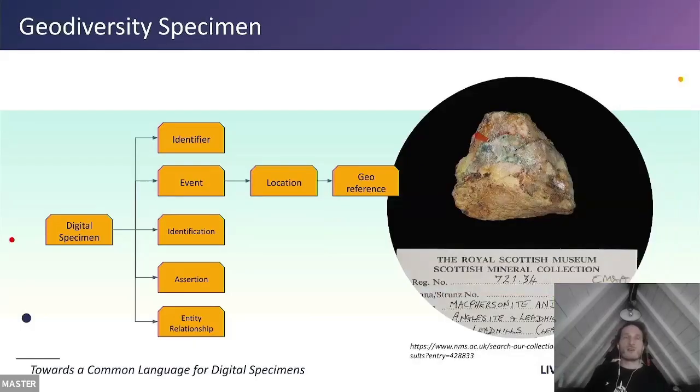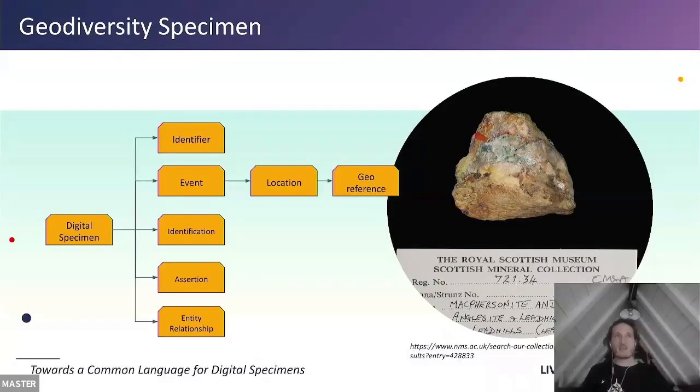So for a geodiversity specimen, I have here one specimen from the Royal Scottish Museum, and this is actually a quartz with multiple minerals on top of it. But those minerals didn't get their own registration number. Only the specimen itself got one registration number. So of course, for that specimen, we can describe the same things.